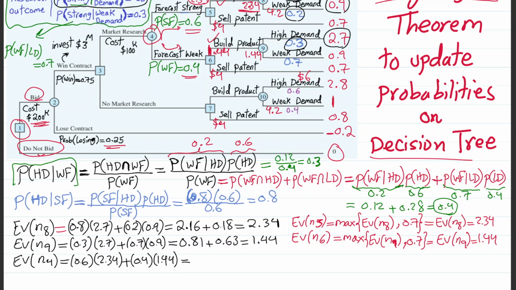Okay, so we can compute that as well. It's going to be 1.404.